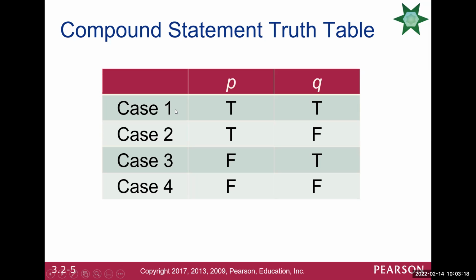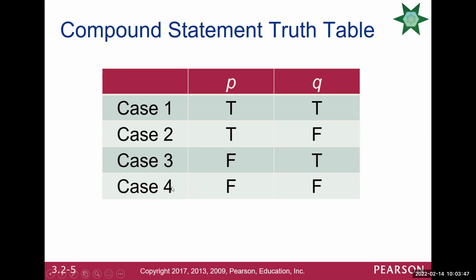For case 1, we have the combination of the first statement being true and the second statement being true. So true and true for both statements. For case 2, we have P being true and Q being false. For the third case, a possibility would be that our first statement is false and our second statement is true.